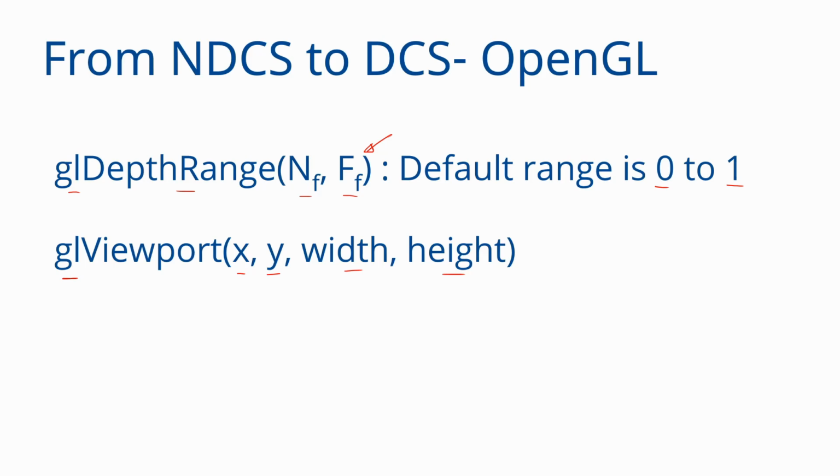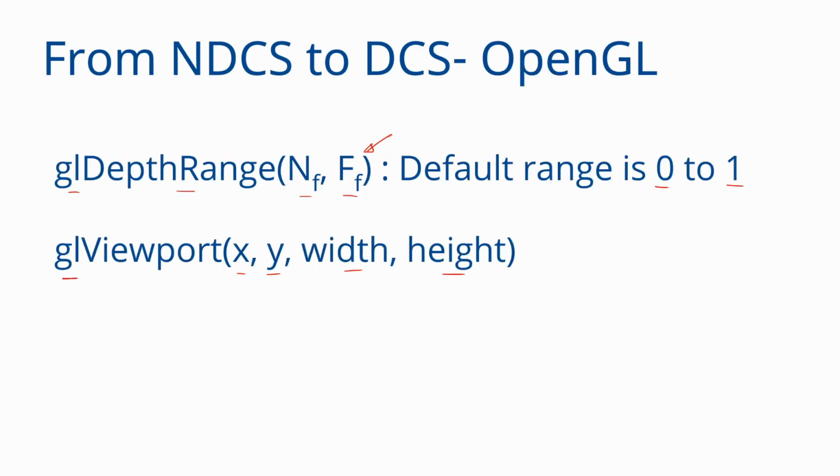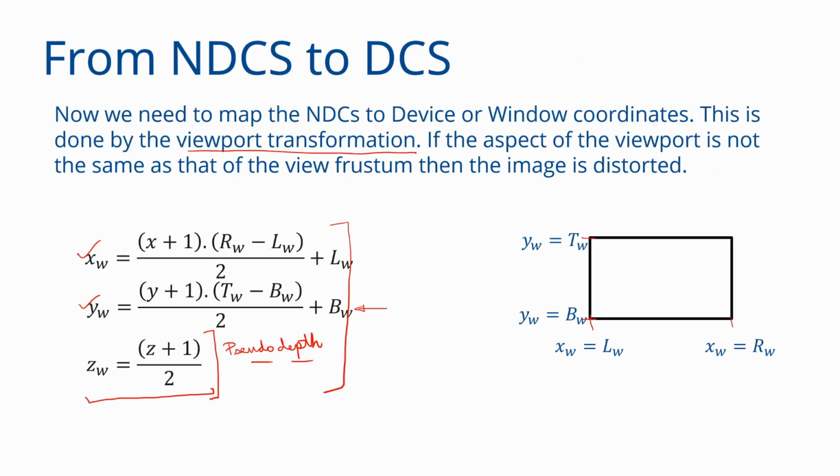So (Z plus 1) by 2, which is the transform for pseudo depth, transforms it to the range 0 to 1. And glViewport does the transformation for X and Y. X and Y were also in the range -1 to +1. And they are mapped to their corresponding window coordinates.